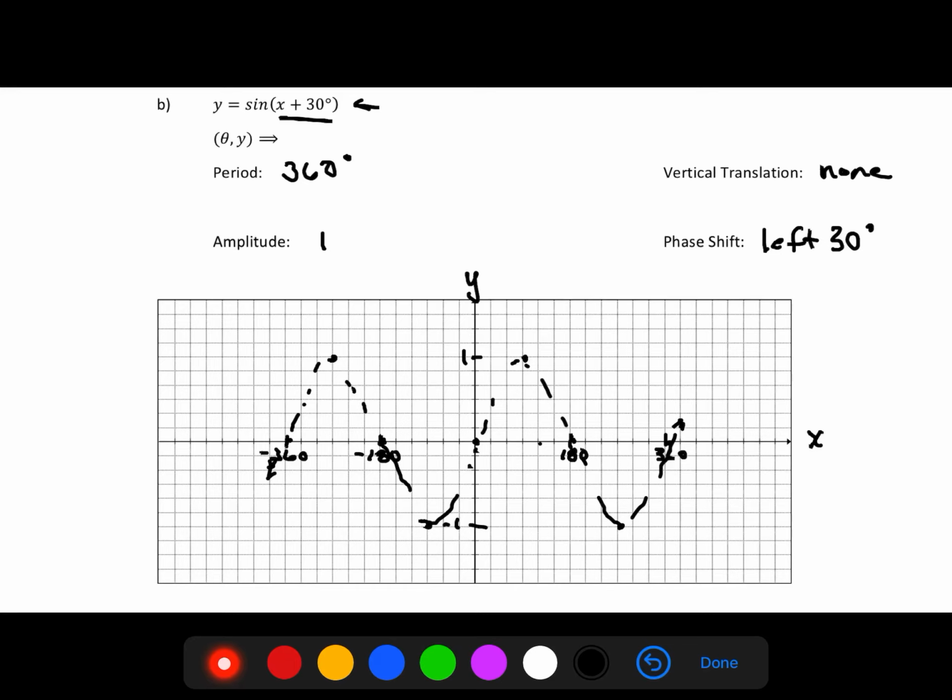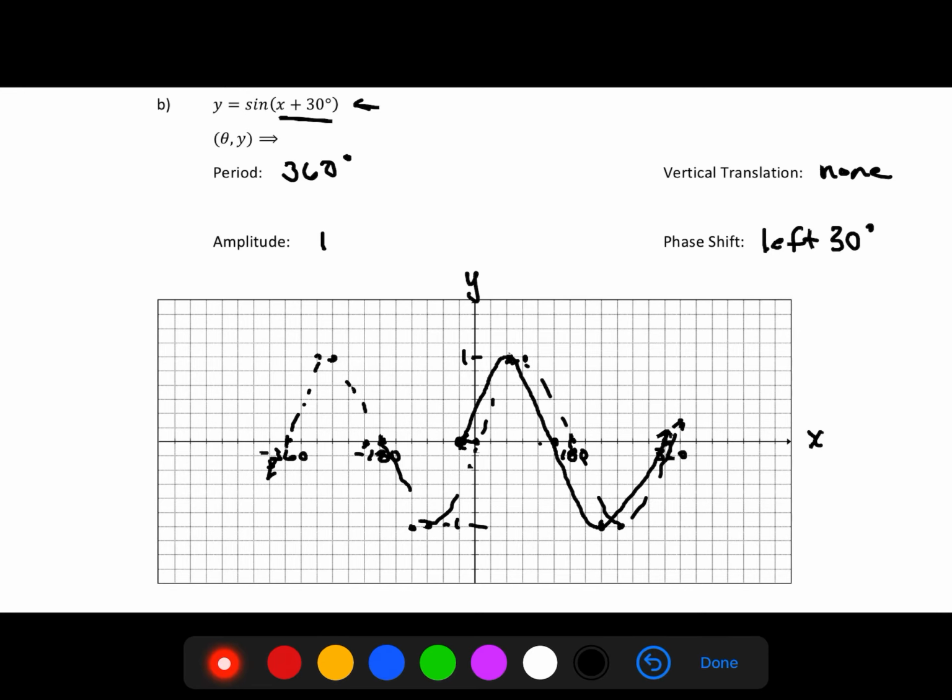And now we're going to shift everything left 30 degrees. So our original point becomes -30 and 0. Again, we can look at moving each of those points left 1 block, or we can still use our key points from the original point.